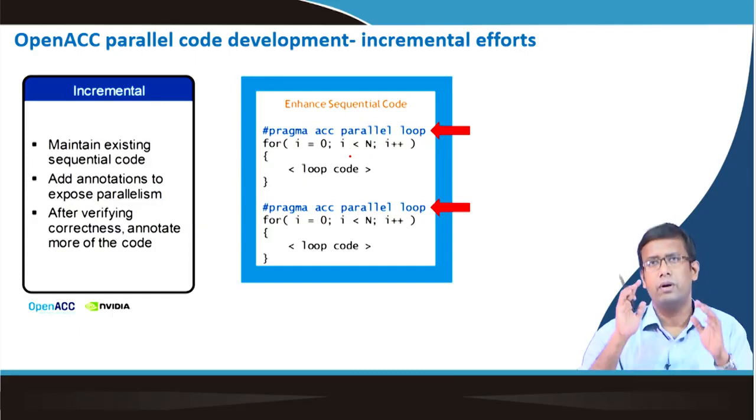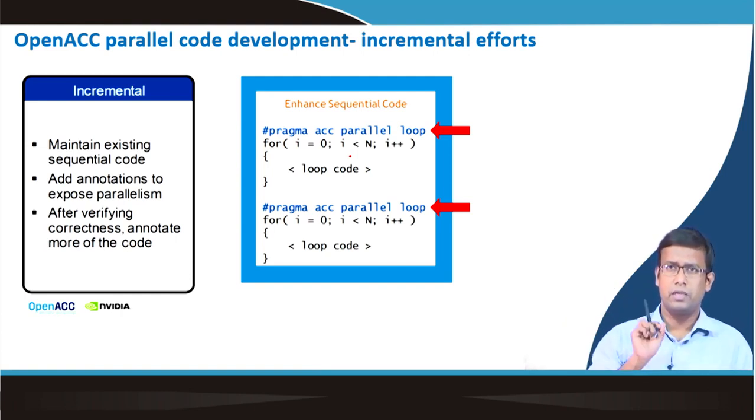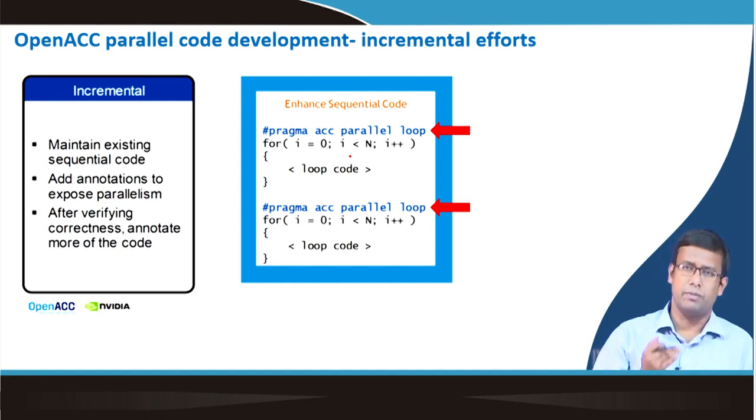So you take your older CPU code, look into the parts which you can parallelize and start putting the directive. After putting a directive at one particular region, you see that you are getting right results. You can run on a single processor, it will run like the older code. If you run it on multiprocessor, or GPU, it will run as an accelerated code, but the results must be the same. Check the results.